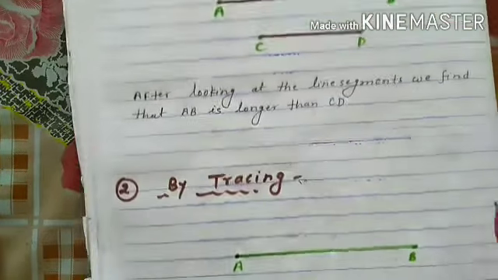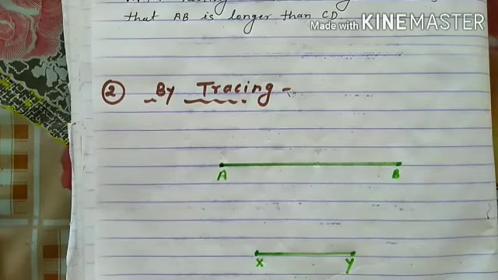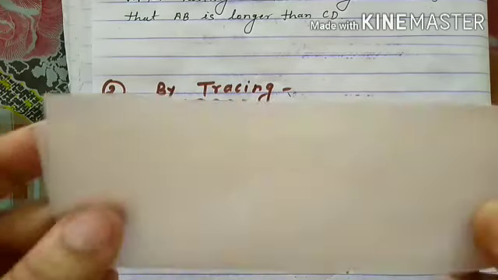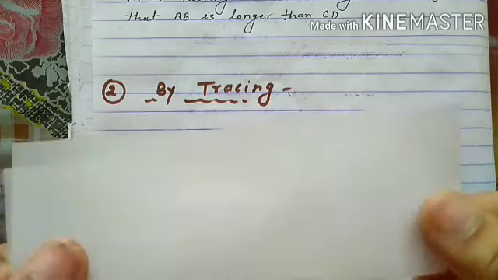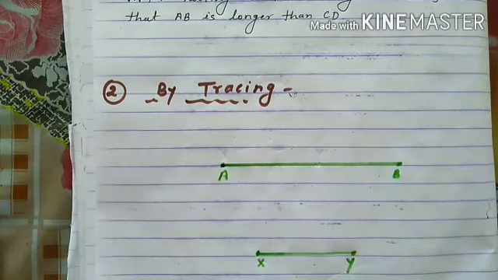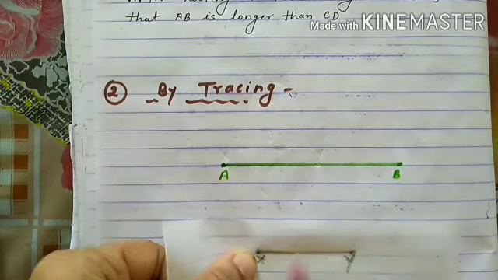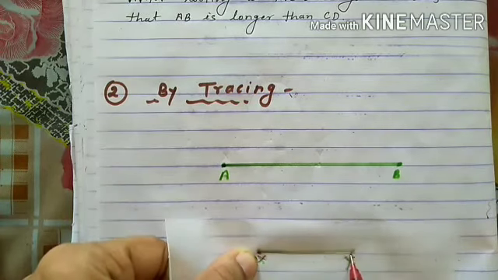Our second method is by tracing. In this method we need tracing paper. So how to do it? Take tracing paper and trace the line segment XY.